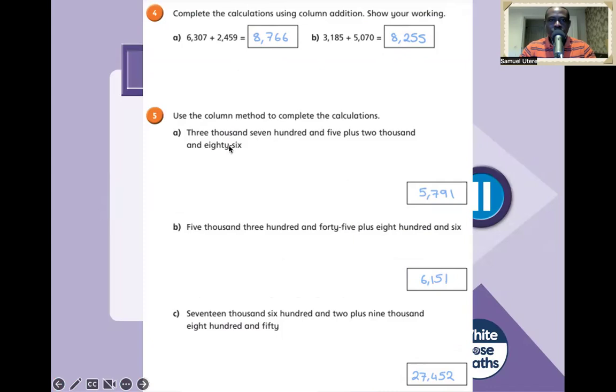So these are written in words. So by now you should be able to know how to write from words to figures and then you add them. Okay. If you don't know how to do this, you can go to term 1 and look for one of our lessons where we discussed writing numbers in figures and in words.